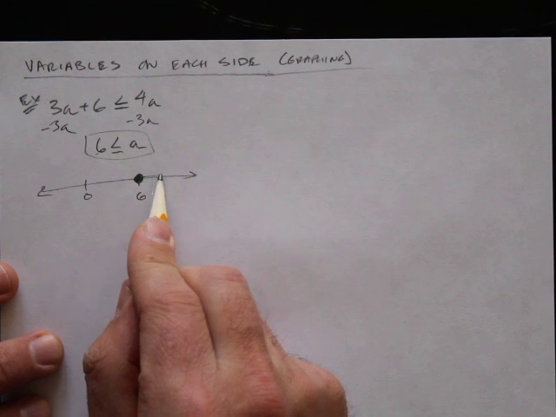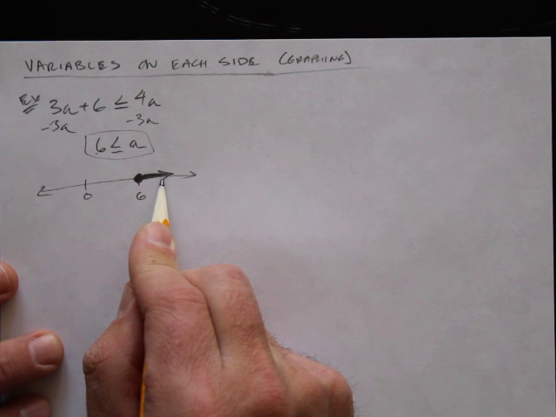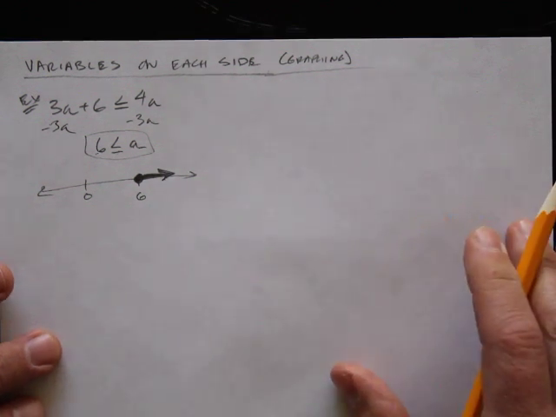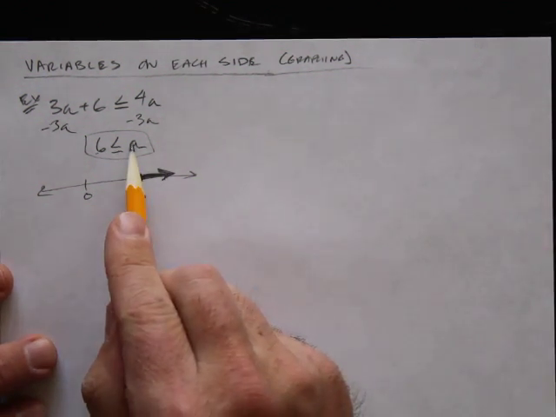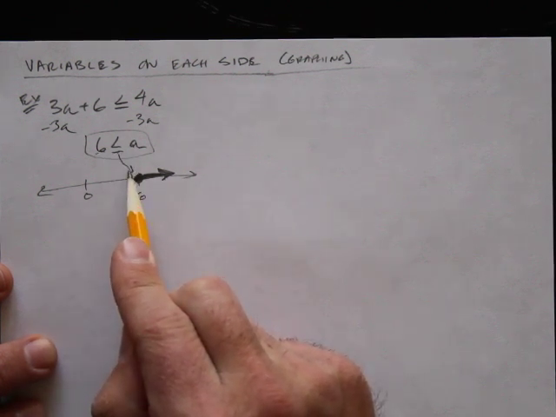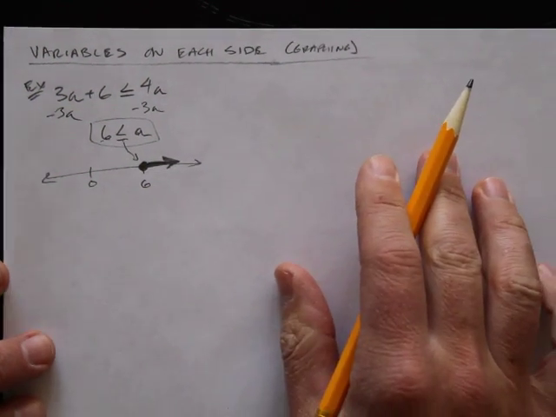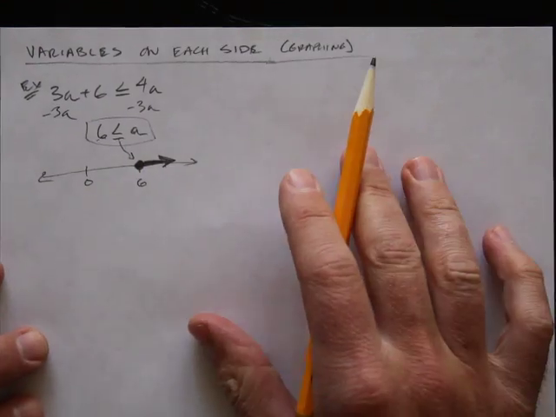So that means my a values are all going to be either 6 or greater than 6. Or equal to gives me a solid dot. Greater than, I draw my arrow this way to show all of those a's that are represented in this inequality.